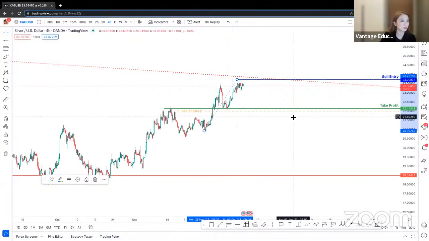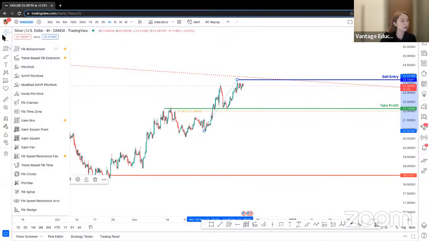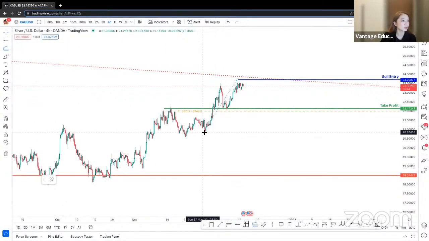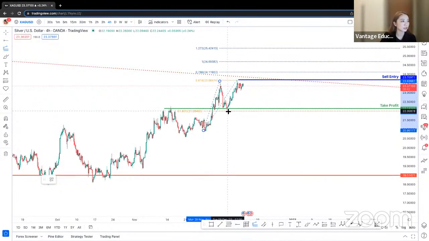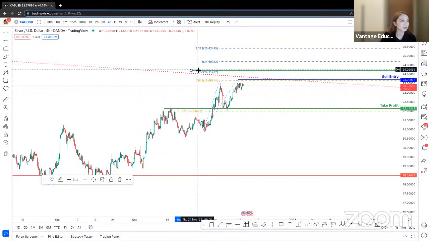So looking at 61.8 for take profit. I don't see any historical levels for my stop loss, so let's also make use of the Fibonacci. Yep, so for me, I will put my stop loss really close, just right above 78.6.